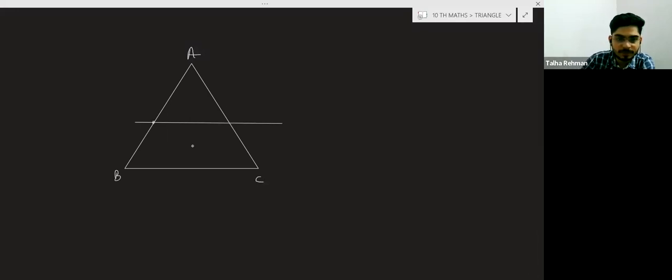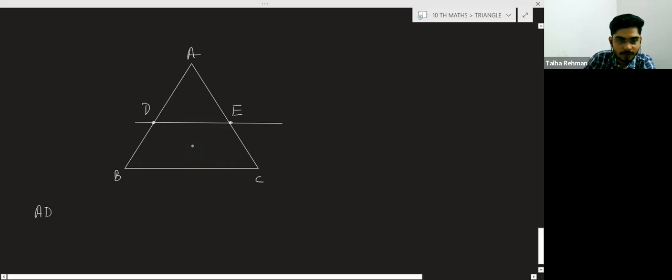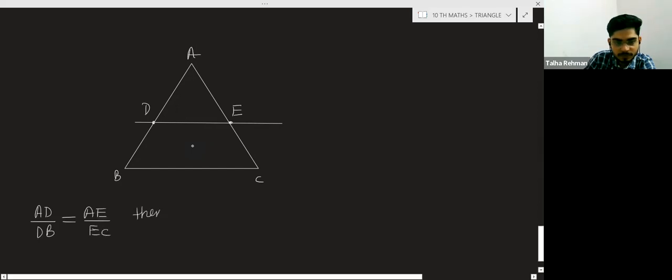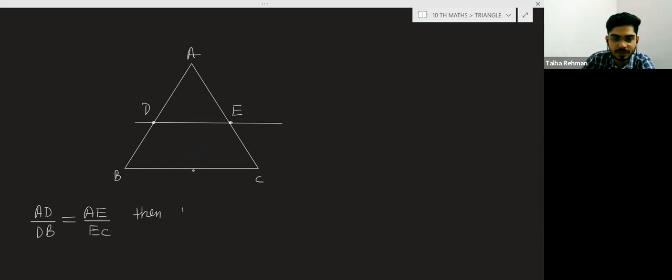And if this line divides AB at D and AC at E in the ratio AD divided by DB is equal to AE divided by EC, then 100% this DE line will be parallel to BC. This is the statement.